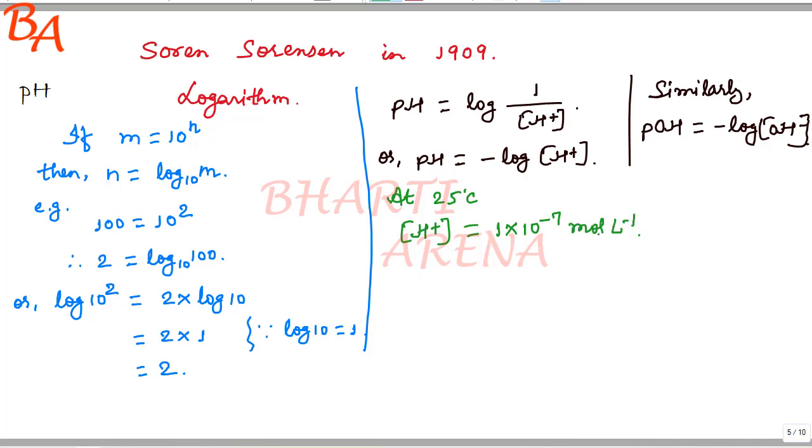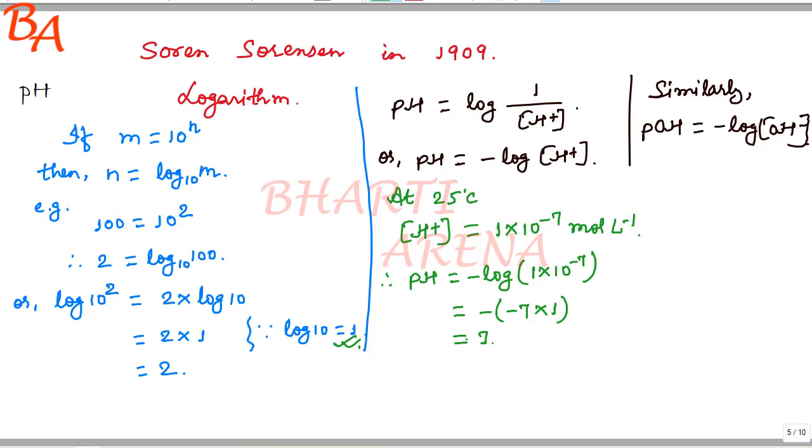We have just seen it. Therefore, pH equals minus log 1 into 10 to the power minus 7 equals minus 7 into 1, since log 10 equals 1, equals 7.